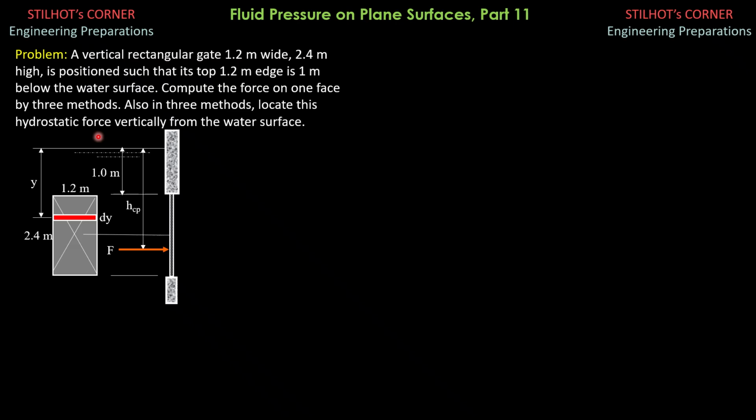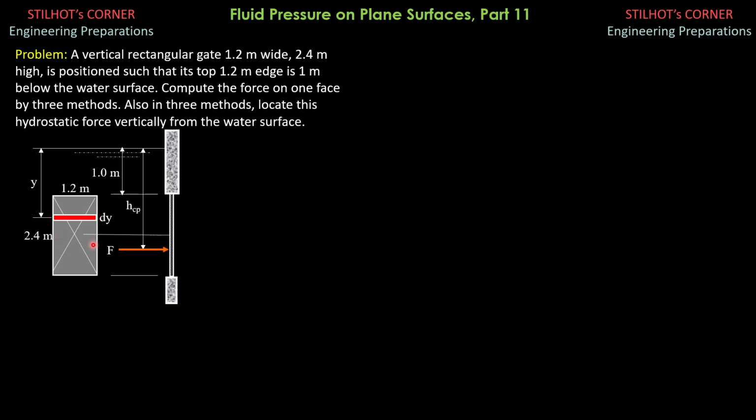So we use specific weight of water, h_g times area. The area is 1.2 by 2.4. h_g is the vertical distance from the water surface of zero pressure to the centroid of the area of the plate, which is 1 plus half of 2.4, 1.2, so 2.2.